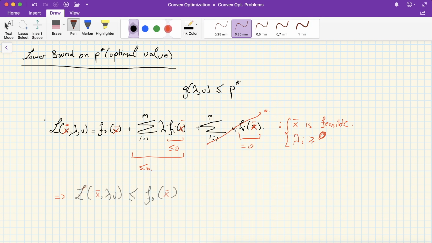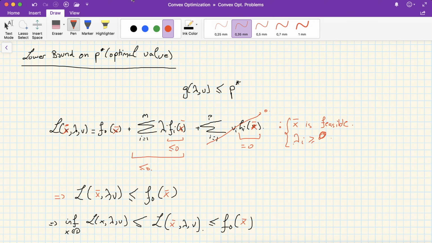This means that my Lagrangian function is always upper bounded by f0 of x bar for any feasible x bar. Now if I take the infimum over x in the domain of the problem, the infimum of L(x, lambda, mu) should be lower than L(x bar, lambda, mu), which is in turn lower than f0 of x bar.